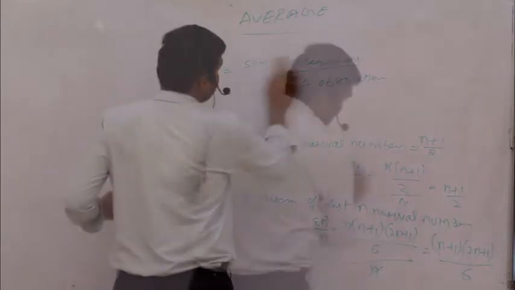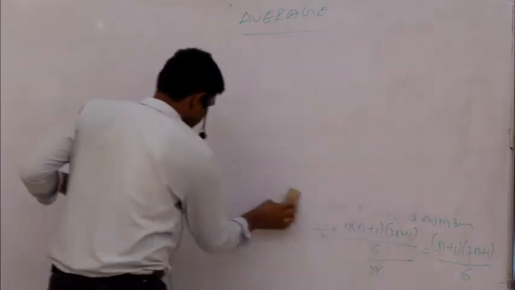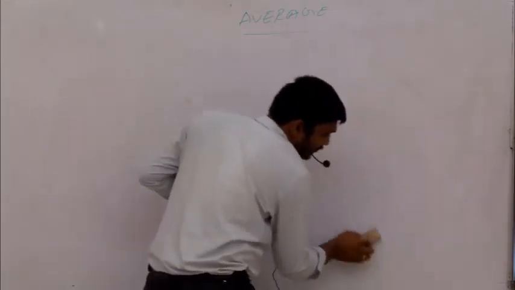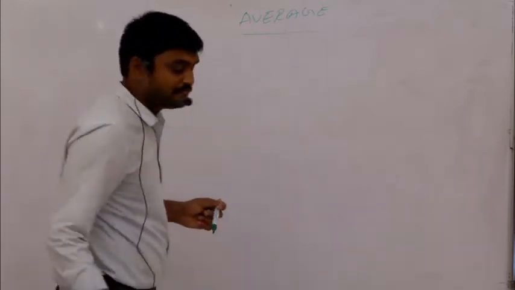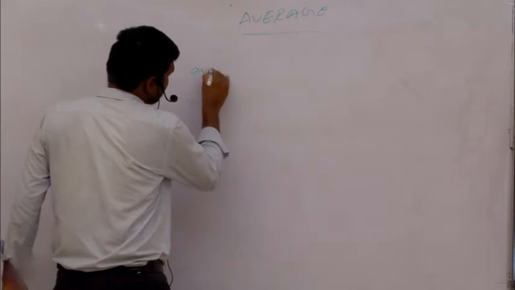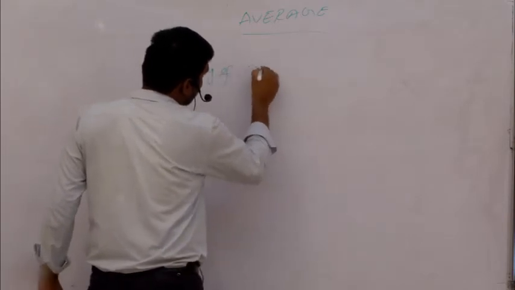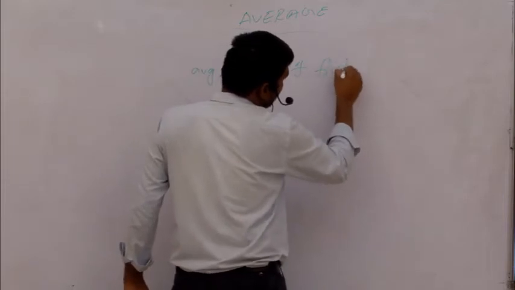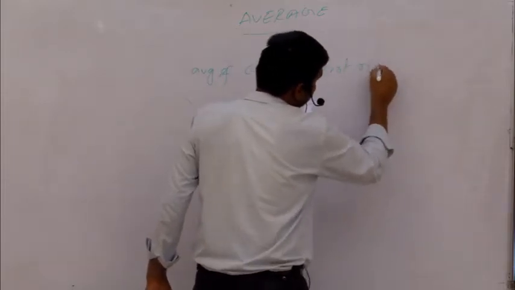Then next, average of cubes of first n natural numbers.